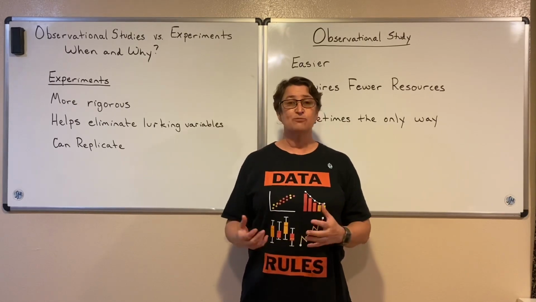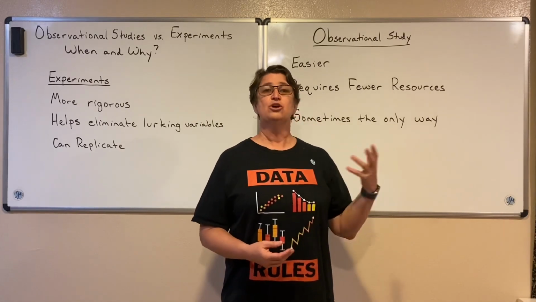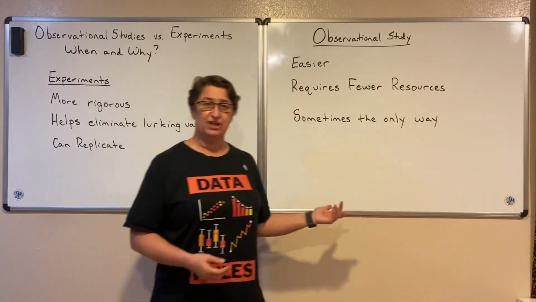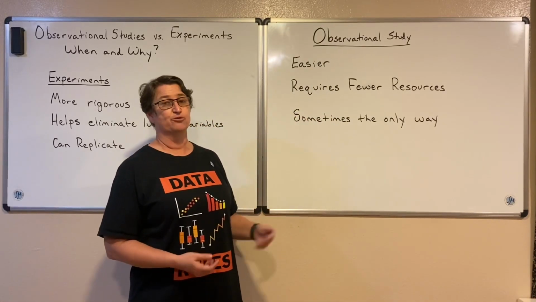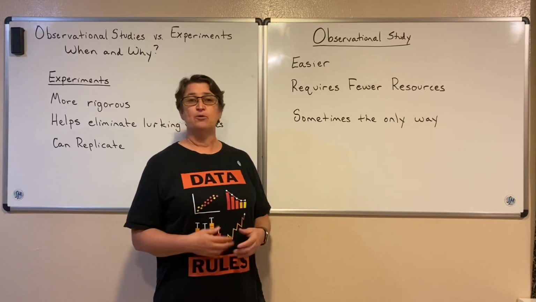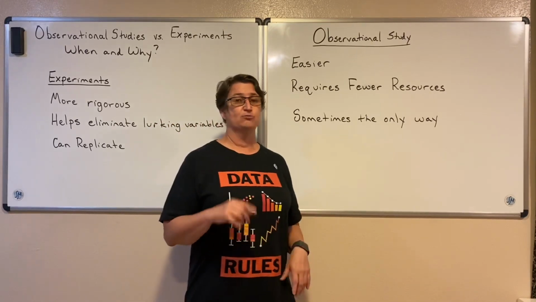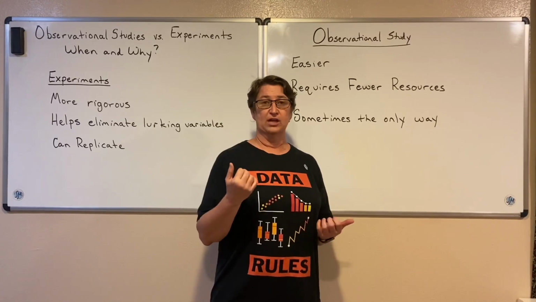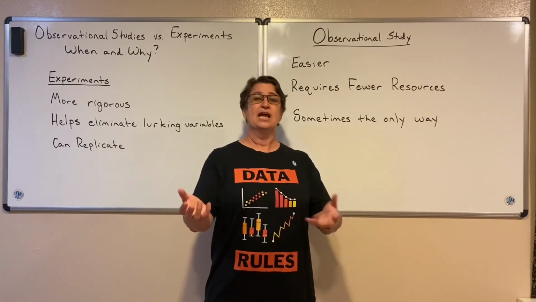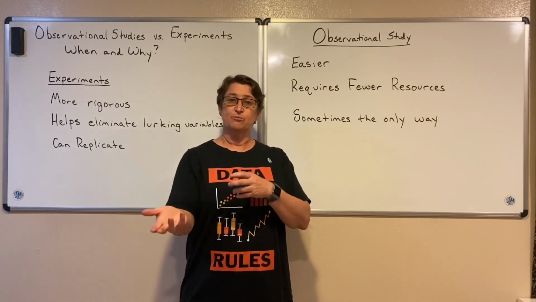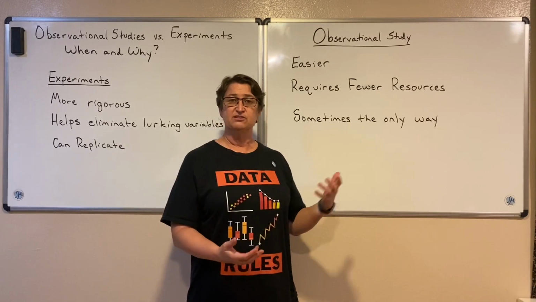So sometimes we have to use an observational study. In addition to that, there are reasons to just use an observational study. If I'm not looking at multiple variables, I'm just looking at one variable that I want to collect data on, then using an observational study and just collecting data on something that already exists makes sense.